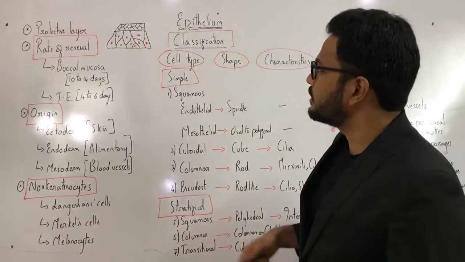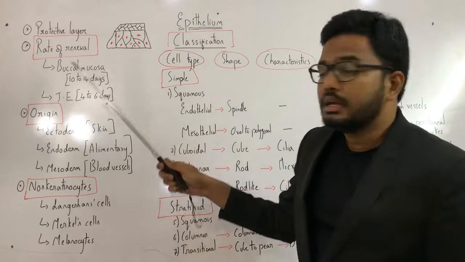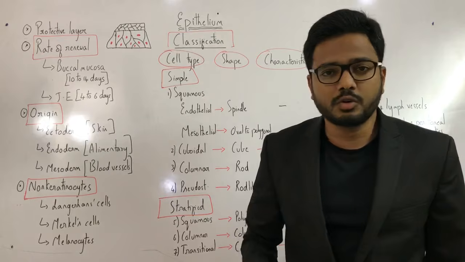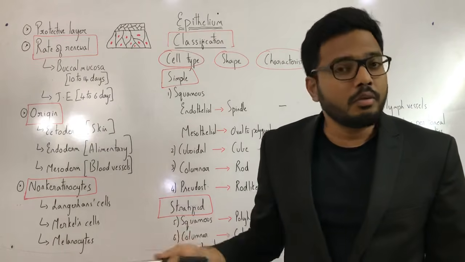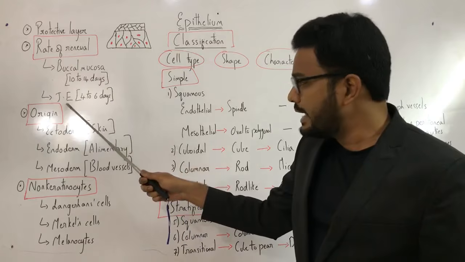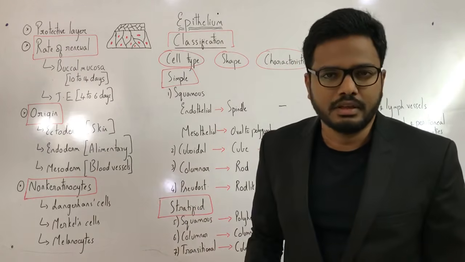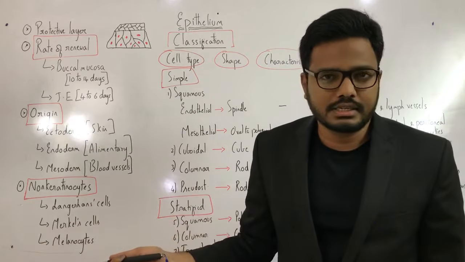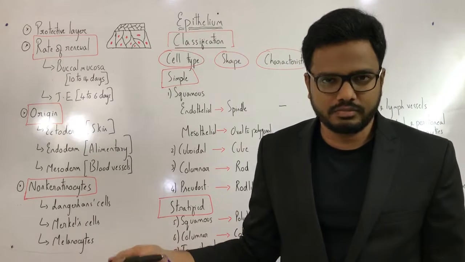As you can see here, if it is buccal mucosa, the rate of renewal is 10 to 14 days. It means for every 1 to 2 weeks, there is renewal or formation of new cells from your basal layer. However, in case of junctional epithelium, gingival junctional epithelium, the rate of renewal is just 4 to 6 days. So it depends upon the location of that epithelium, right?